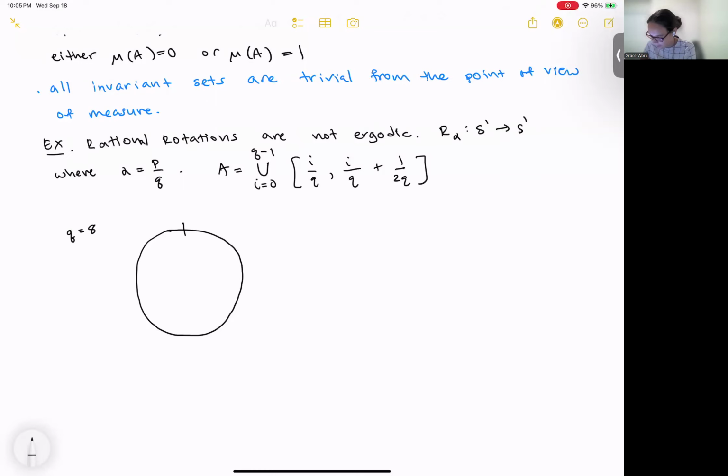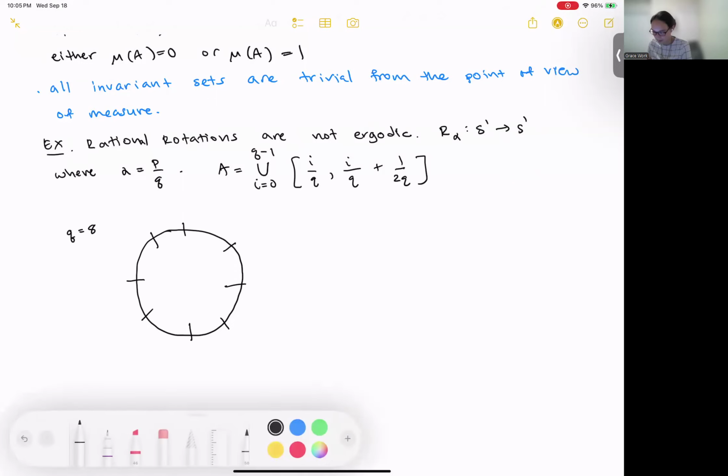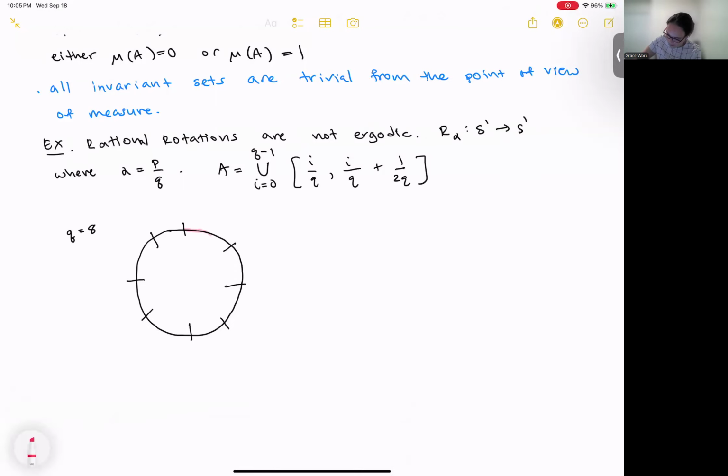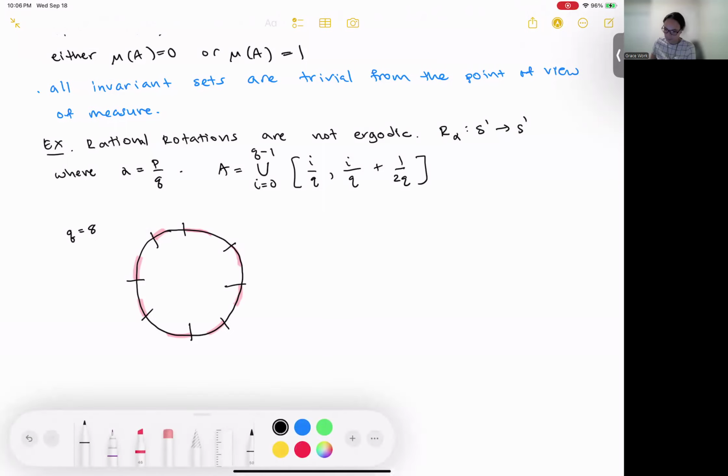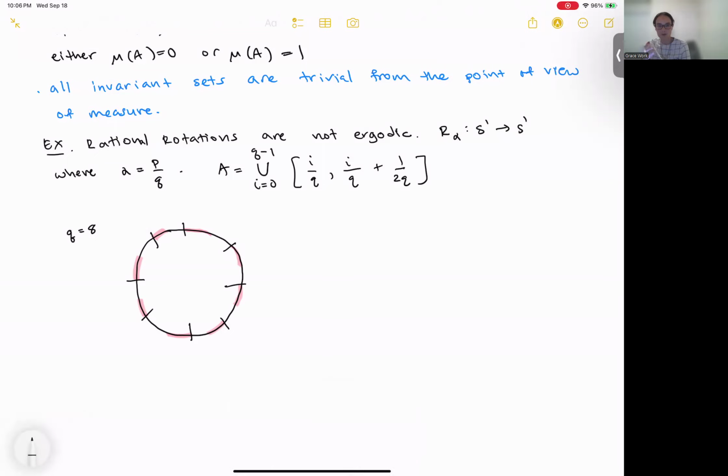So we're going to divide our circle up into 8 even segments. And what we're looking at with this set A are these intervals that go halfway around. So these highlighted intervals around the circle, this collection is A in this example when Q is equal to 8.